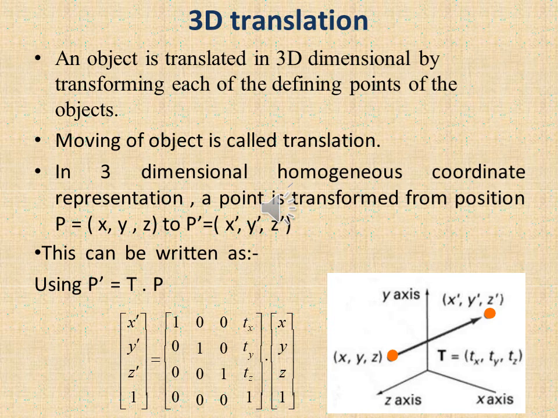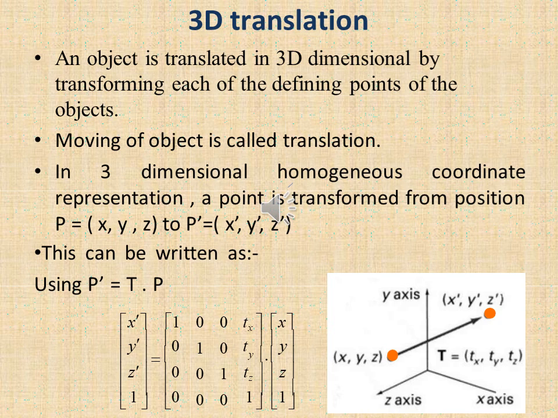An object is translated in three dimensions by transforming each of the defining points of the object. Moving of an object is called translation.